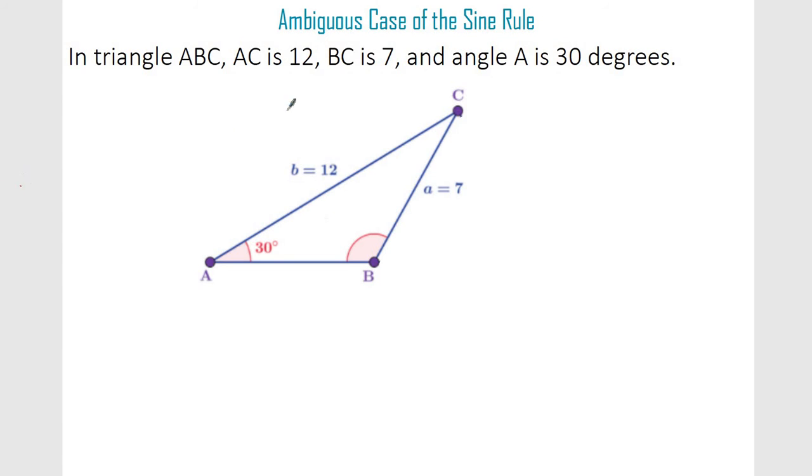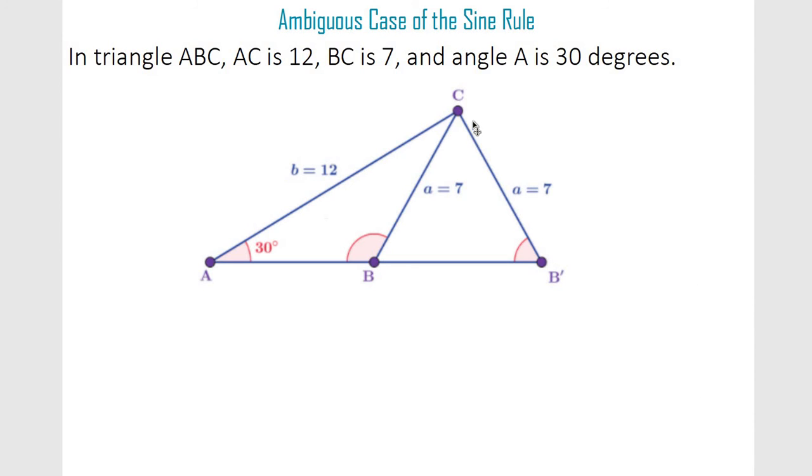Okay, so explaining the ambiguous case of the sine rule. What happens? You're like, this looks like a perfectly normal triangle. However, this isn't the only type of triangle I could draw with this information. Instead of drawing this angle and having this side, I could swing this side right here, 7, out.